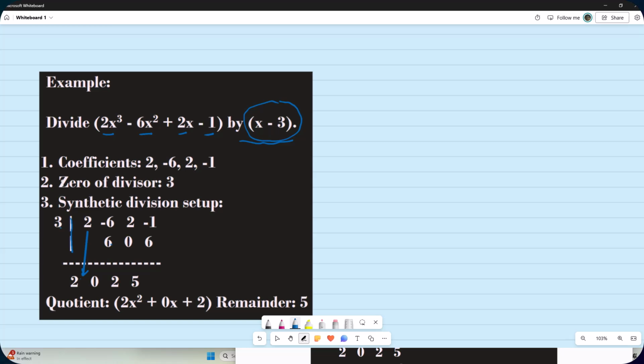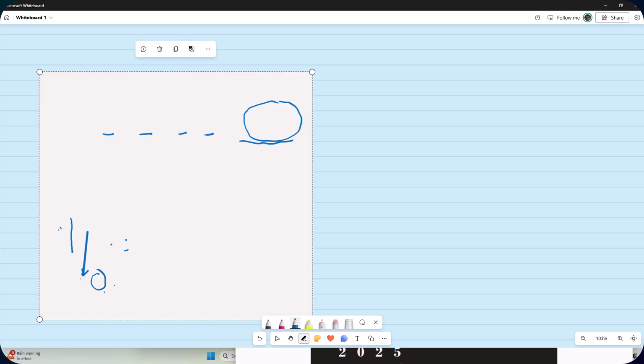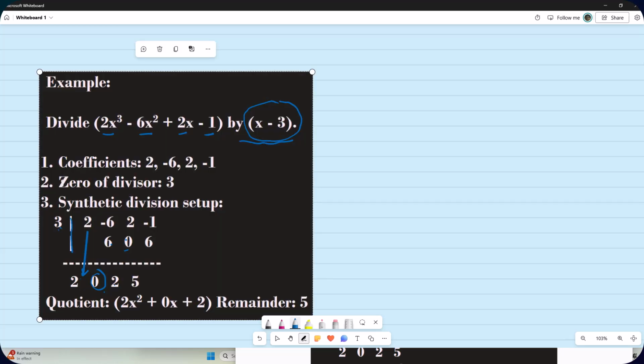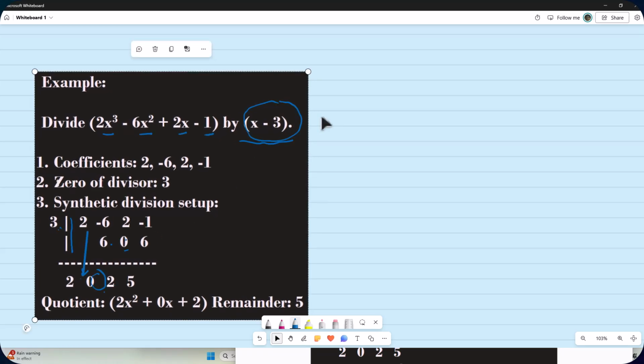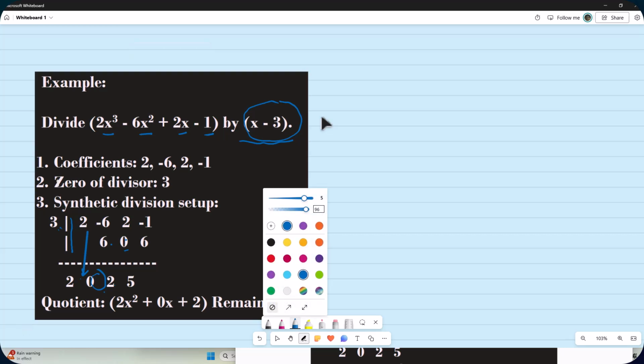Adding these two together, it is 0. Then 3 into 0 is 0. Then adding 0 and 2, it is 2. Then 3 into 2 is 6. 6 minus 1 is 5. This 5 is going to be the remainder.